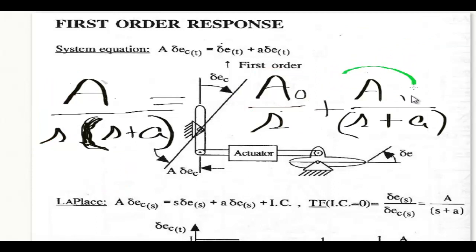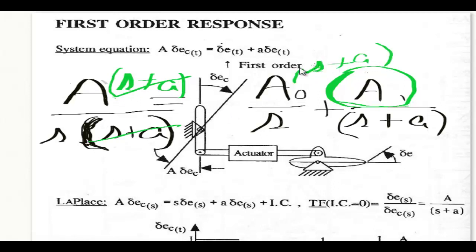Similarly, if you were looking for A1, now you would multiply every term by s plus a. So when I multiply the original transfer function by s plus a, the s plus a's would cancel. I multiply the A0 by s plus a, and I multiply the A1 term by s plus a, and that's going to cancel this term in the bottom, isolating A1. Then let s equal minus a.